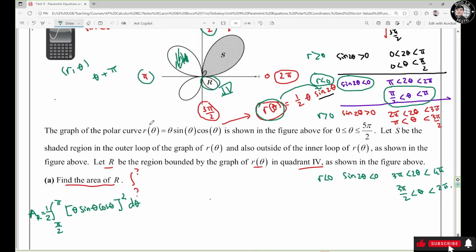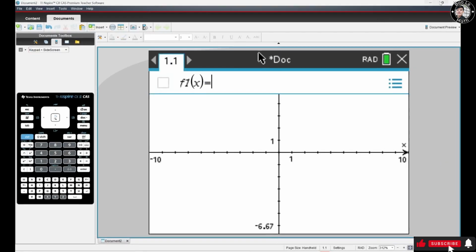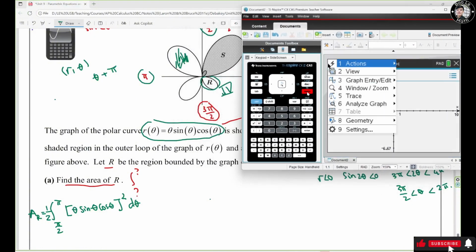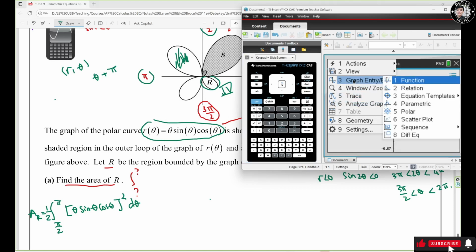By the way, I'm going to show you how to graph this polar curve on the polar coordinate using the TI-Nspire calculator. So you're going to pull up the calculator. Now you go to menu number 3 and pick polar right here.